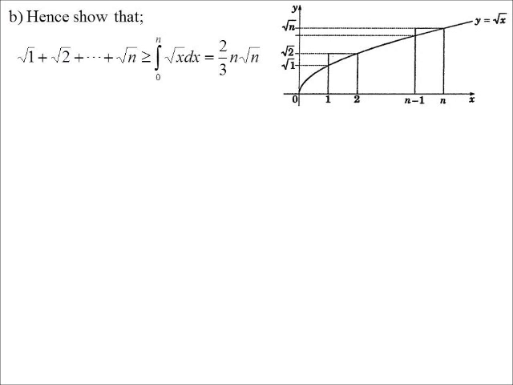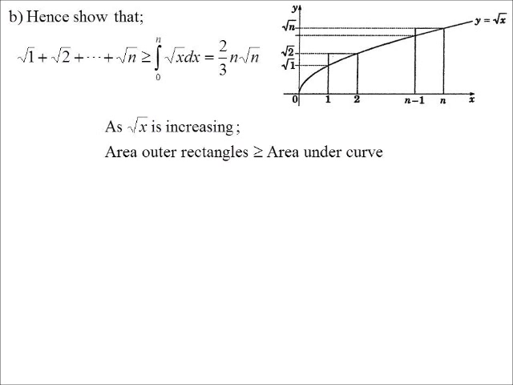So it is in fact the same as the sum here they want us to look at. As the square root of x is increasing, I know that the area of the outer rectangle will always end up being above the curve. And so square root of 1 plus square root of 2 and so on will always be greater than the exact integral. They've also asked us to evaluate that integral.